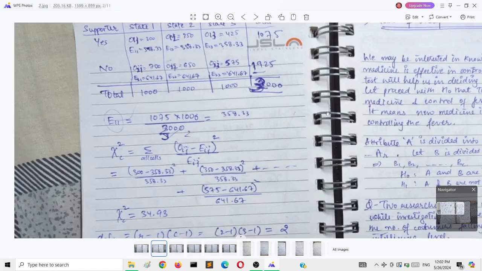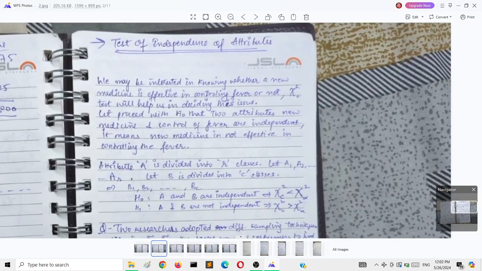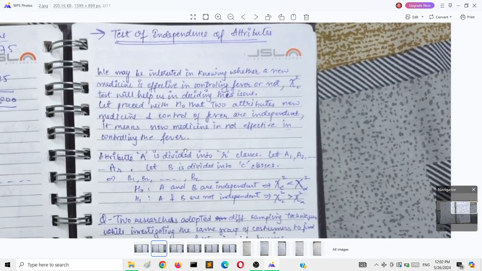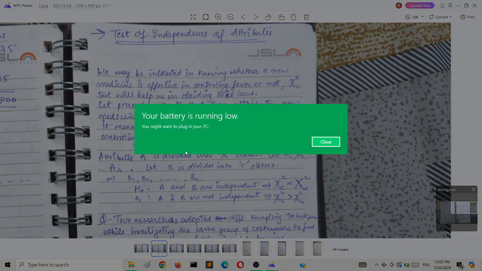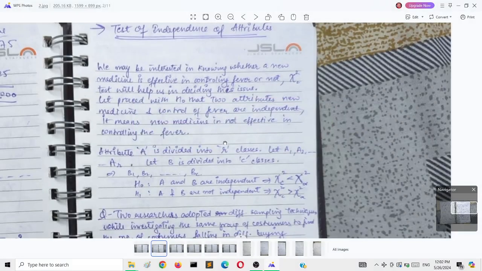Now we'll look at the test of independence of attributes, and here we will use a chi-square test. We may be interested in knowing whether a new medicine is effective in controlling fever or not. So the chi-square test will help us in deciding this issue, whether a particular medicine is effective or not.